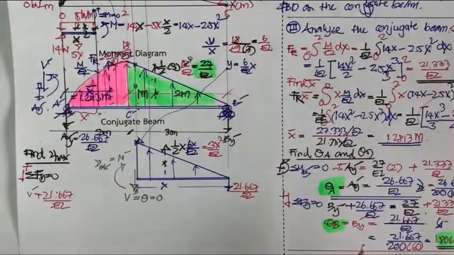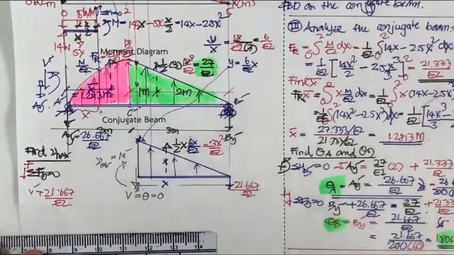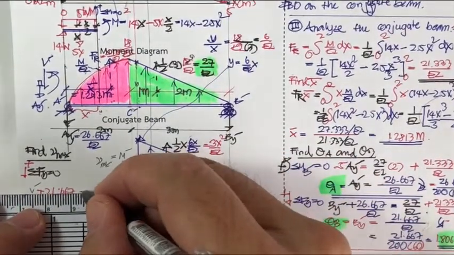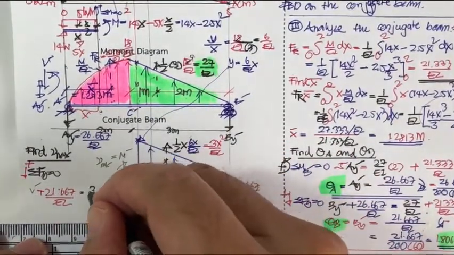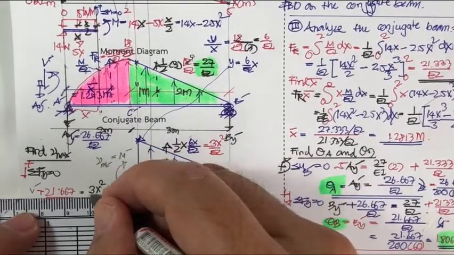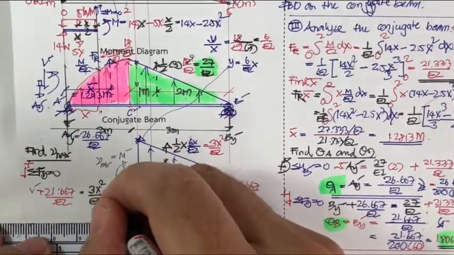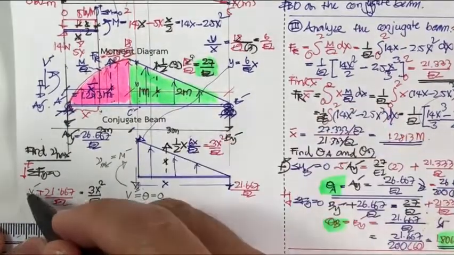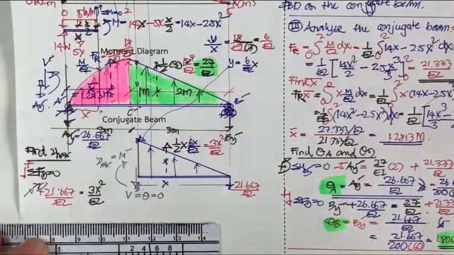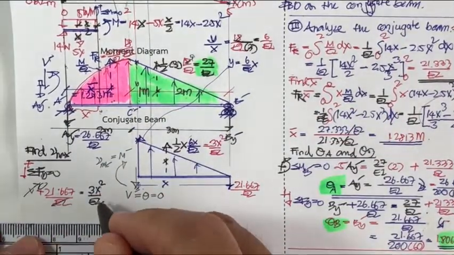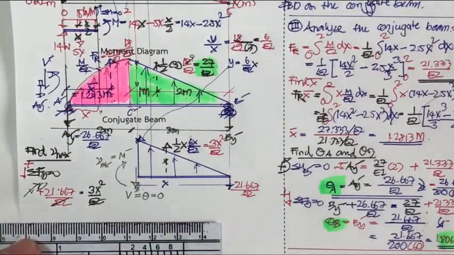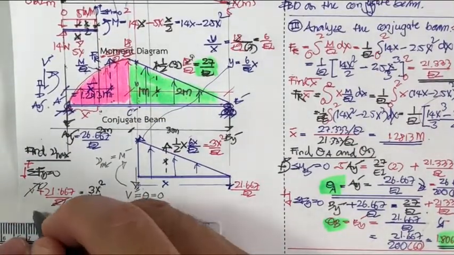So 3x squared over EI equals 21.667 over EI, and this gives us x.